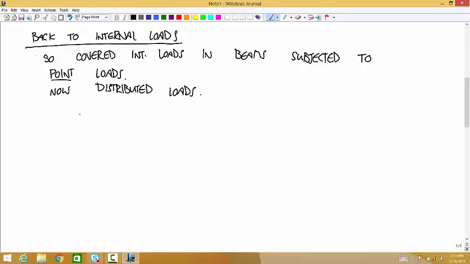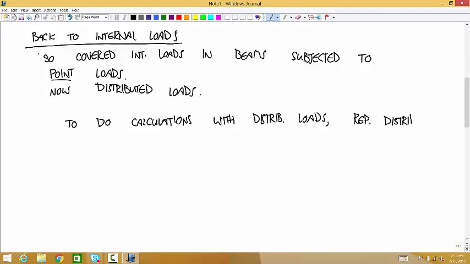Okay, so the key thing that we're going to do with distributed loads, to do calculations involving distributed loads, is go from the distributed load to representing it as a point load. That means two things.